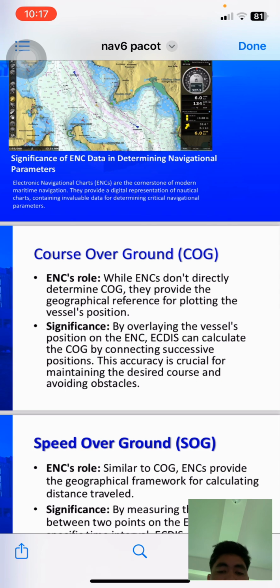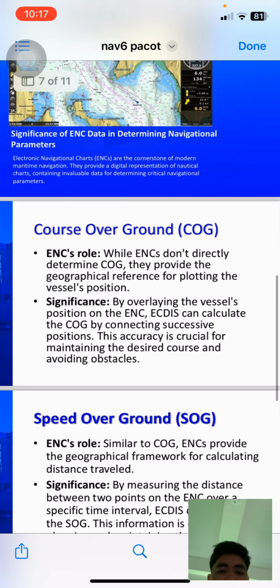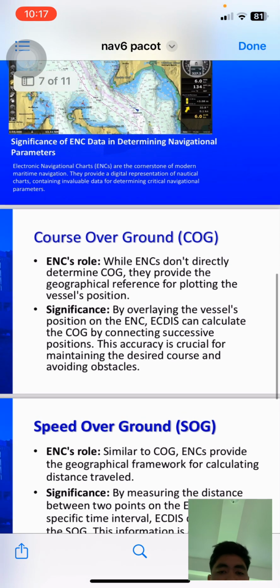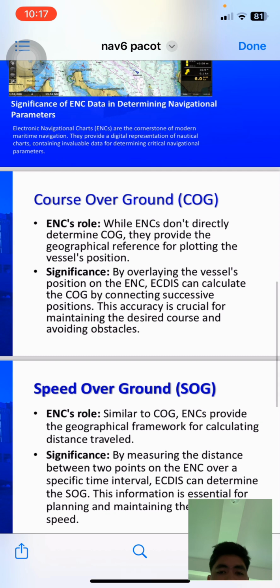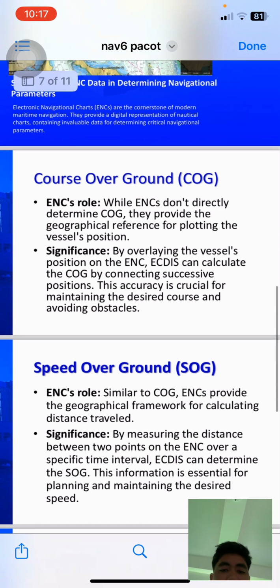They provide the geographical reference for plotting the vessel's position. Significance: by overlaying the vessel's position on the ENC, ECDIS can calculate the COG by connecting successive positions. This accuracy is crucial for maintaining the desired course and avoiding obstacles.